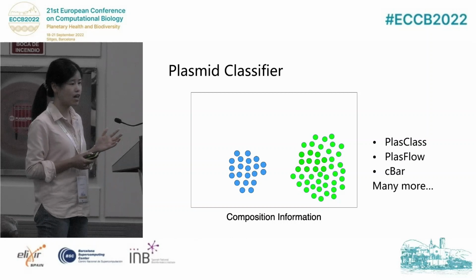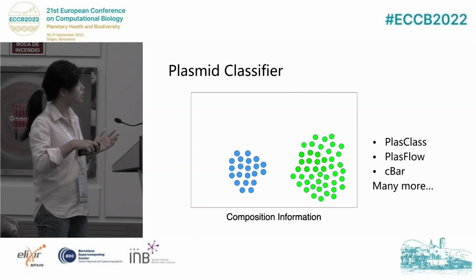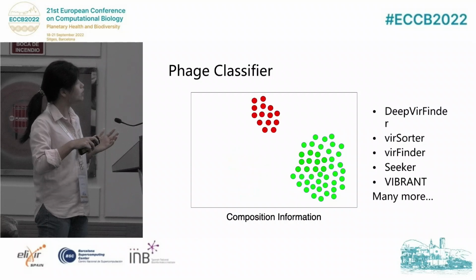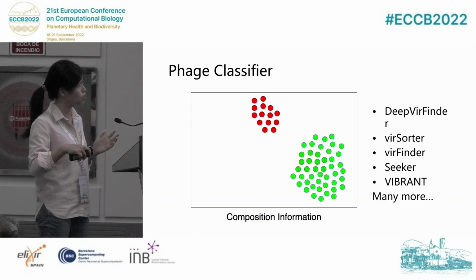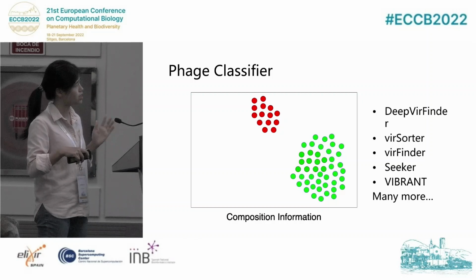They can classify a contig into either chromosome or plasmid. And there are also phage classifiers that can classify a contig into either phage or chromosome. DeepVirFinder is a reference-free phage classifier, and BLAST-based VirSorter is a kind of reference-based phage classifier.